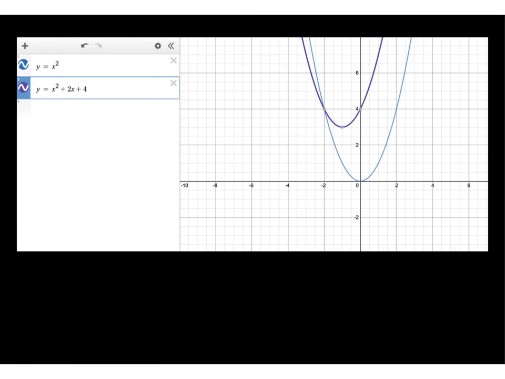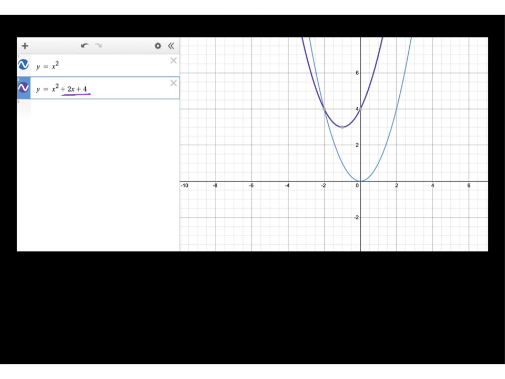So the last graph that you were asked to draw was this purple one here, the graph of y equals x squared plus 2x plus 4. Now, if you were asked to describe in words what's happened to the blue graph to turn it into the purple graph as a result of this part here, which has been added in, well, it certainly looks like the graph has been moved up and also perhaps slightly to the left to make it work.